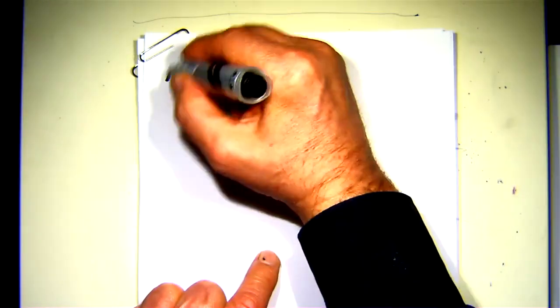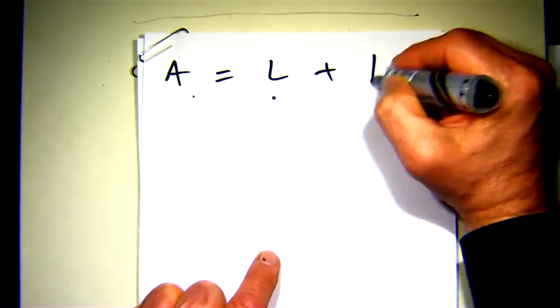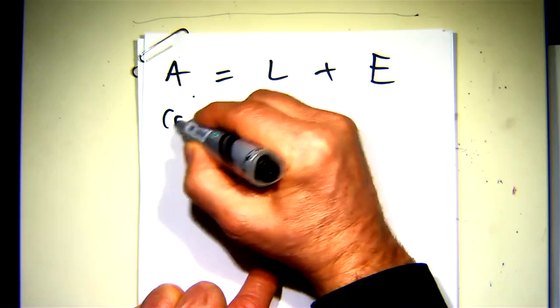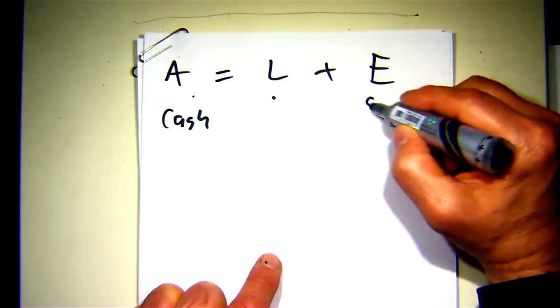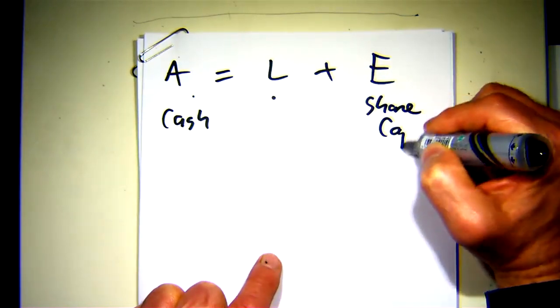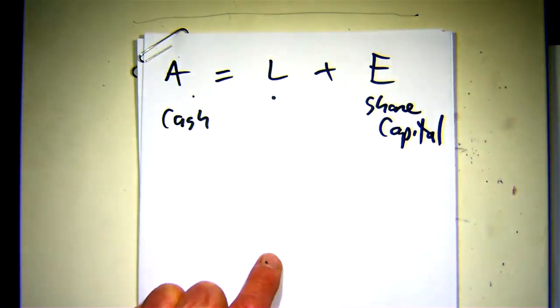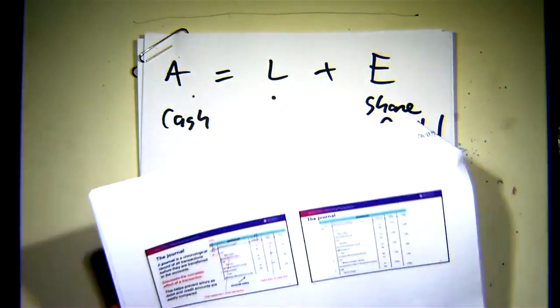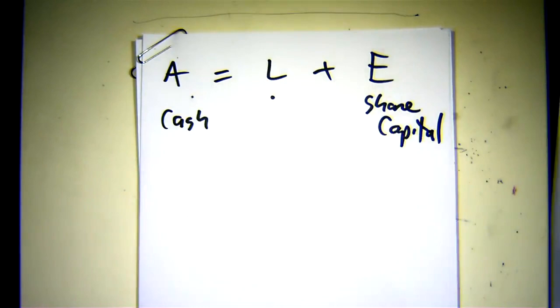Remember we issued cash for share capital. This print is quite small. I can't remember the amount now, but the money here might be $10,000.